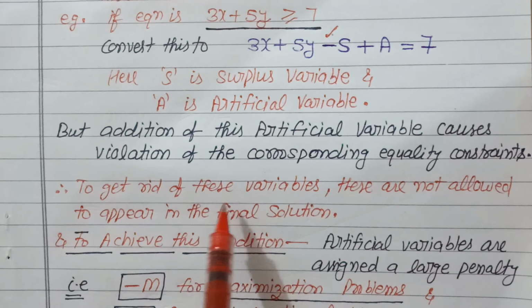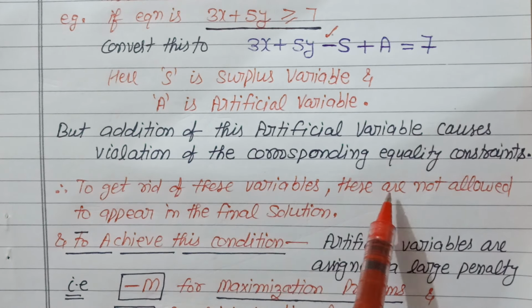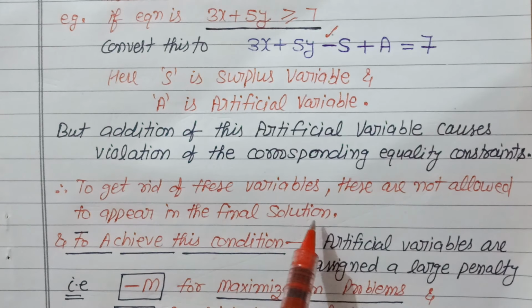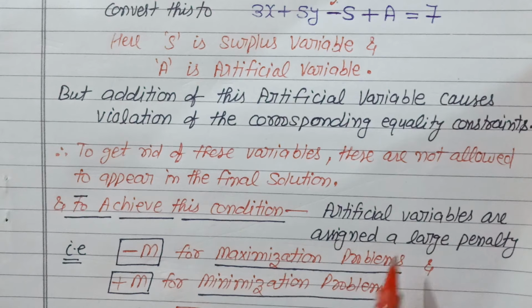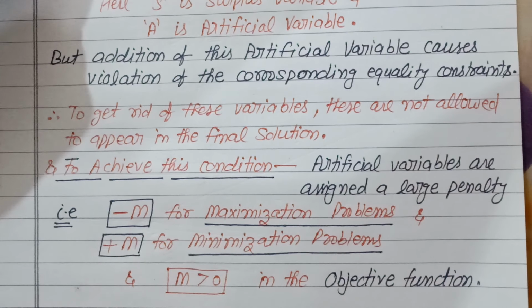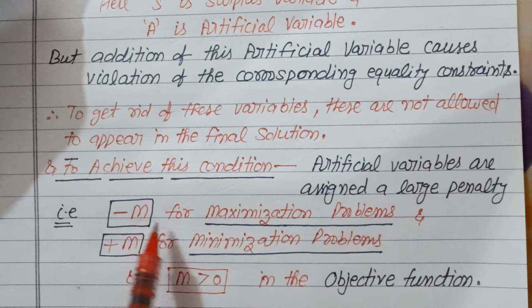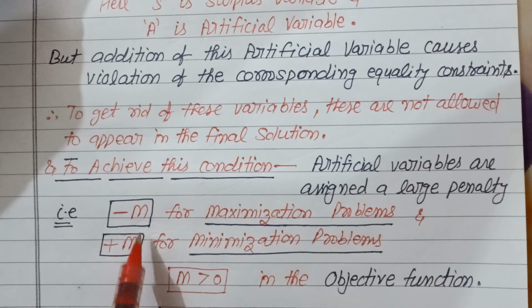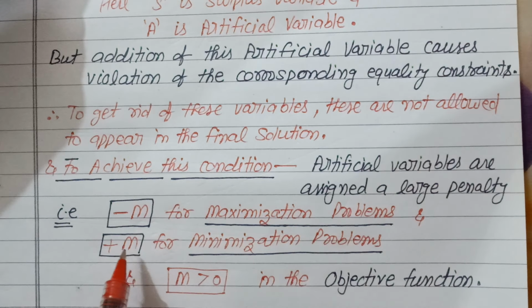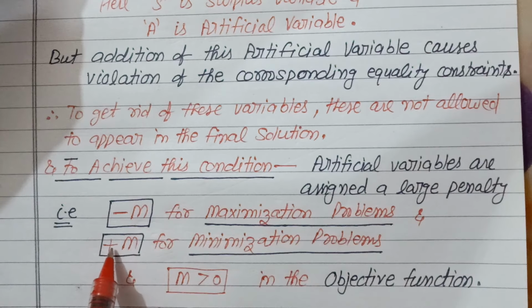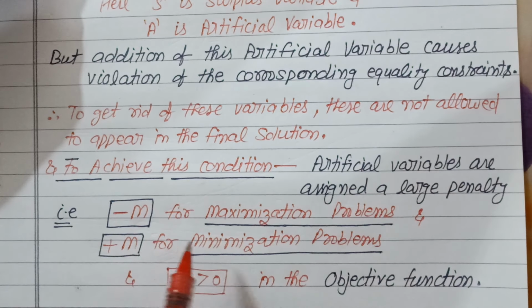Now please note that the addition of this artificial variable causes violation of the corresponding equality constraints. So to get rid of these variables, they are not allowed to appear in the final solution. For achieving that condition, the artificial variables are assigned a large penalty. That is, if the objective function is of maximization type, then we have to give a coefficient of minus M to the artificial variable, and if the problem is of minimization type, we have to introduce a value of plus M in front of the artificial variable.